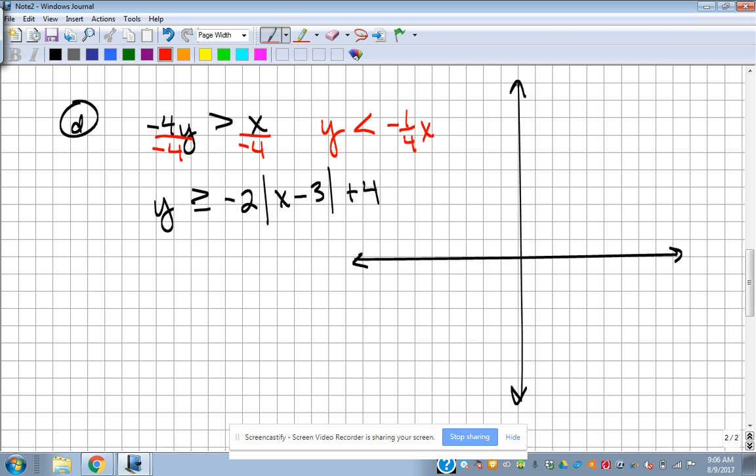What's the y-intercept for negative 1/4 x? 0. So that's the origin. And I'm going down 1 over 4. And up 1, left 4. Do that a couple of times. Is that a dotted or a solid line? Dotted, yeah.